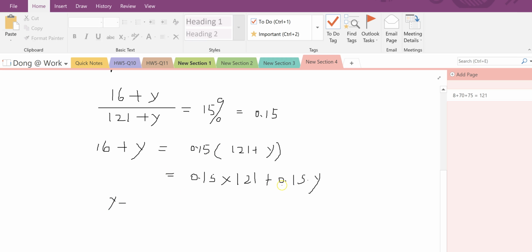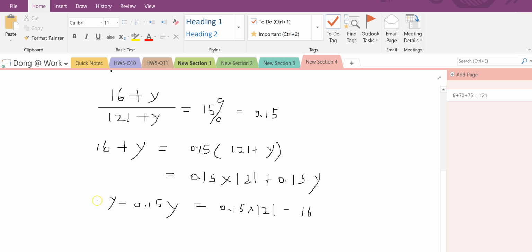So now this becomes y minus 0.15y, which equals 0.15 times 121 minus 16, because this is positive, and when we move 16 to the other side, we have to change the sign. So now we can combine the terms.